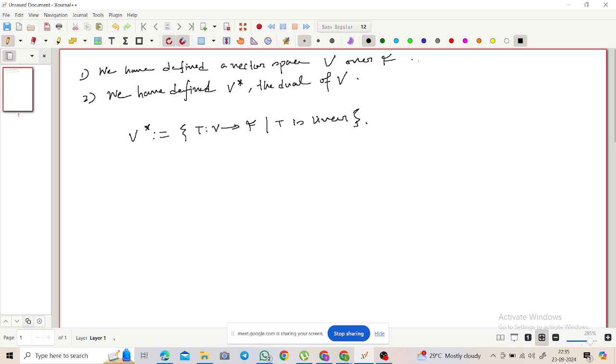And if beta was a basis for V, we have constructed beta star to be a basis of V star.